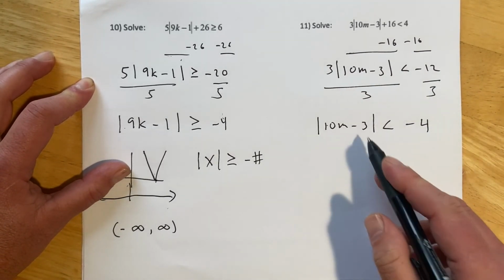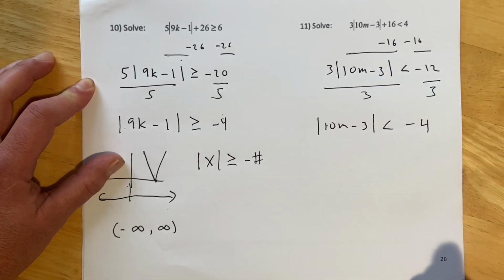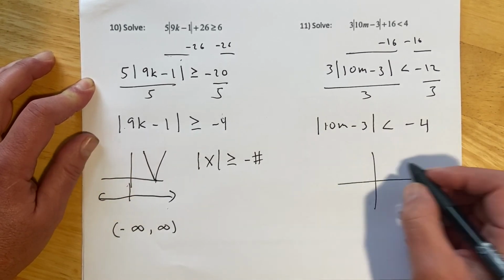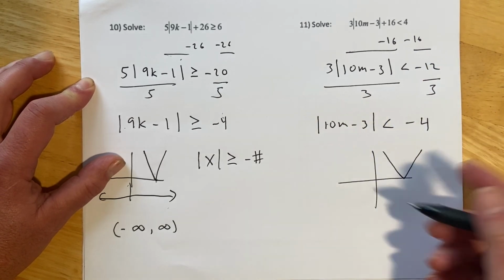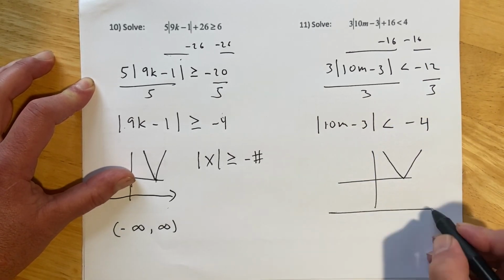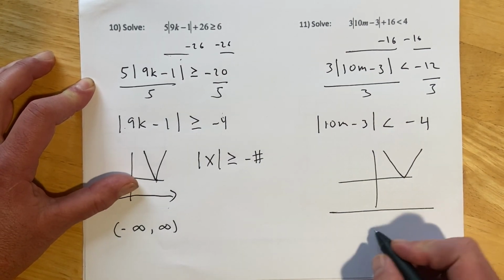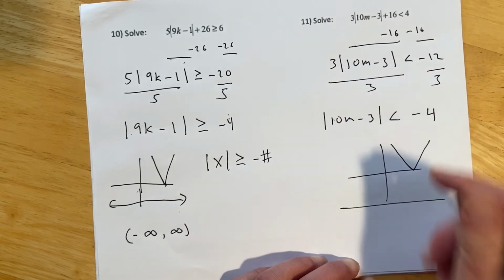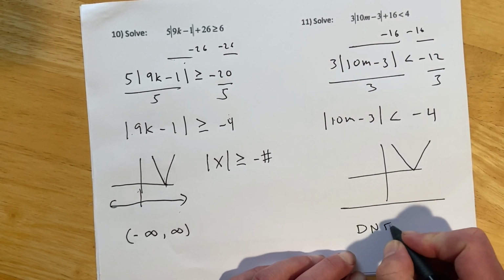And so this is asking, when is this absolute value going to be less than negative 4? If you think of what this would look like, we've got a little graph, some sort of shifted V. Negative 4, that's down here. So when is it less than that? That's a never, because it's never going to get below negative 4, because this is always 0 or positive. So that would be a DNE.